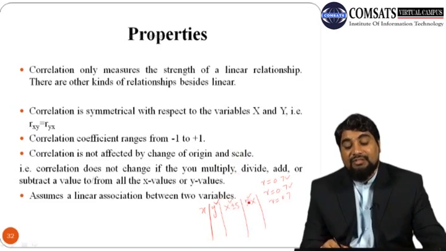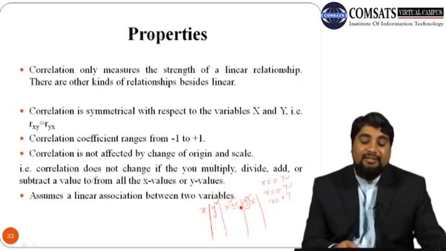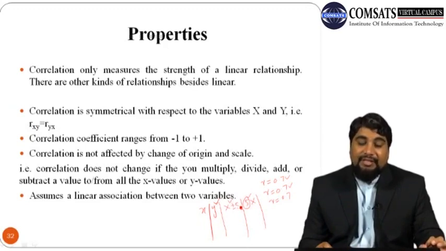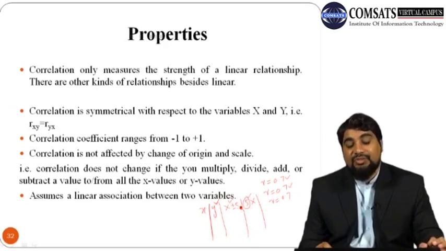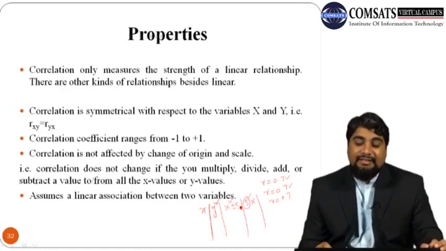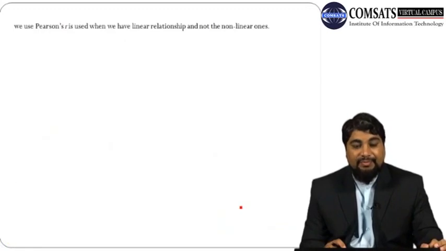Scaling means multiplying and dividing the numbers, and change of origin means adding and subtracting the numbers. And one more time it is stressed that correlation assumes a linear association between the two variables, so it does not incorporate non-linear relationships.